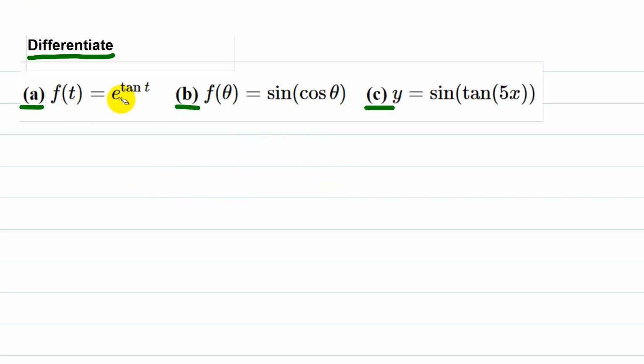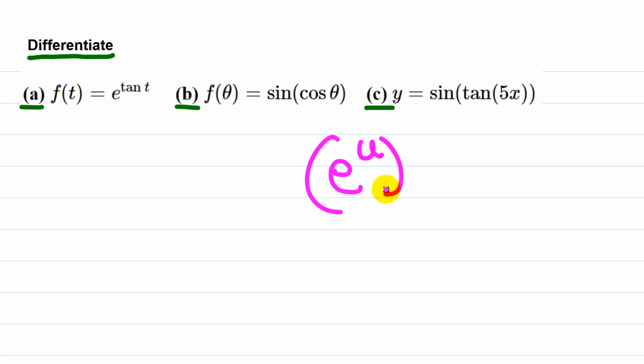And what is the chain rule for an exponential function, e raised to some function u, let's say that's the inside function? When we find its derivative, it's itself always, times, from the chain rule, u prime.